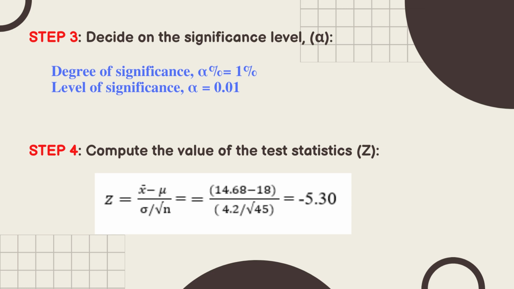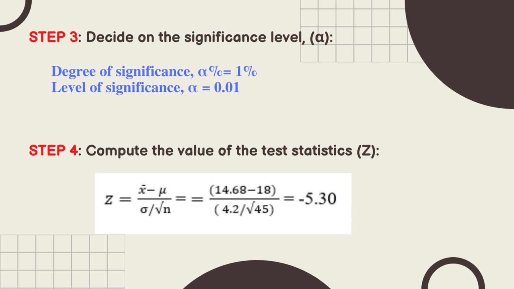Step 3. Decide on the significance level. The degree of significance is 1%, so the level of significance is 0.01. Step 4. Compute the value of the test statistic.